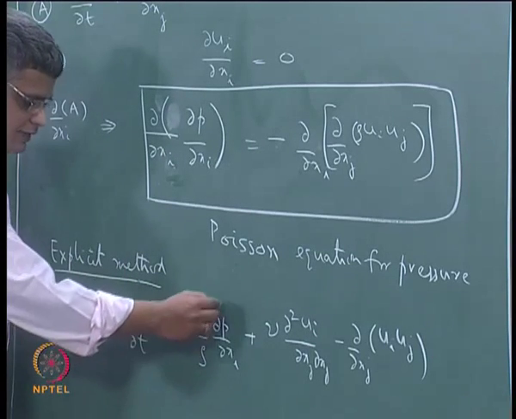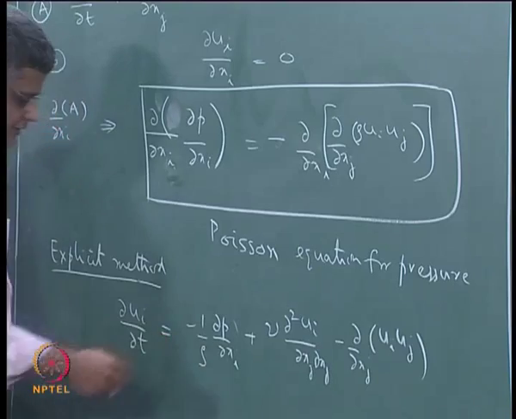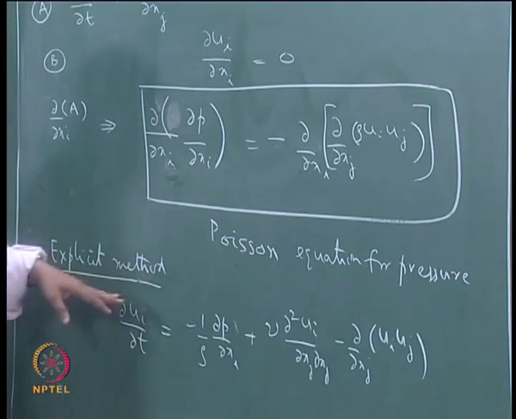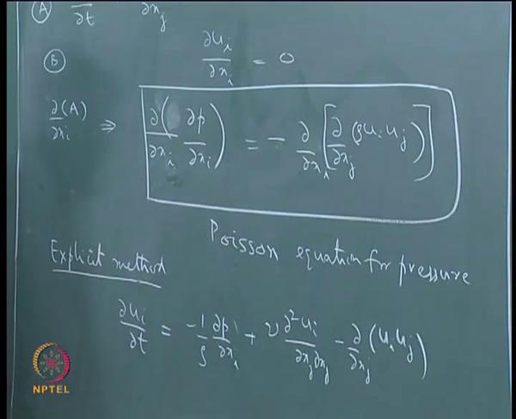Out of this we have, if we did not have this, then it would be straightforward to evaluate this because that has only the velocity components.